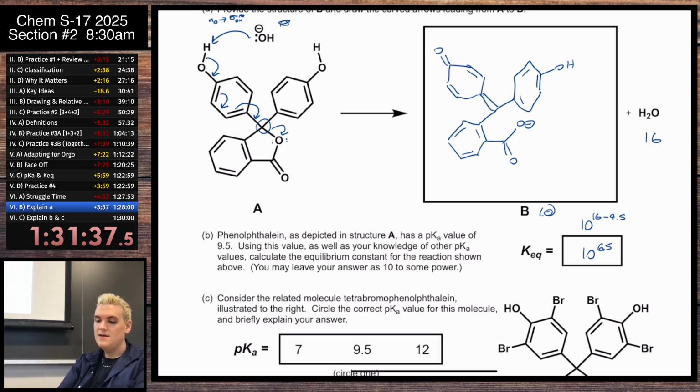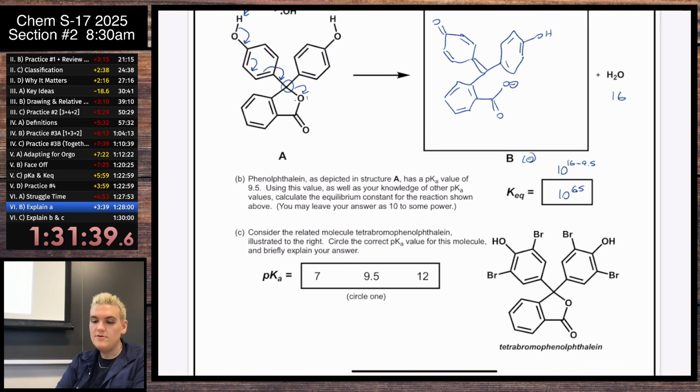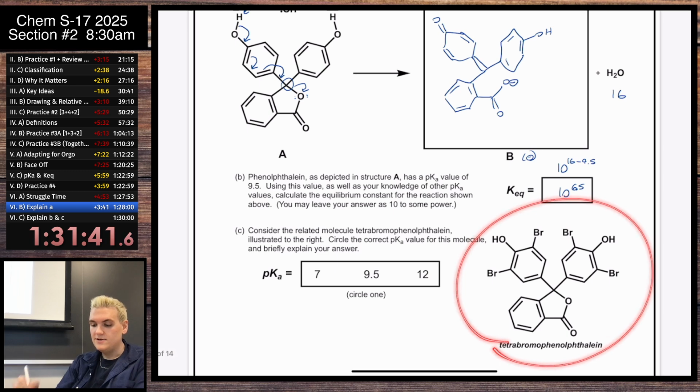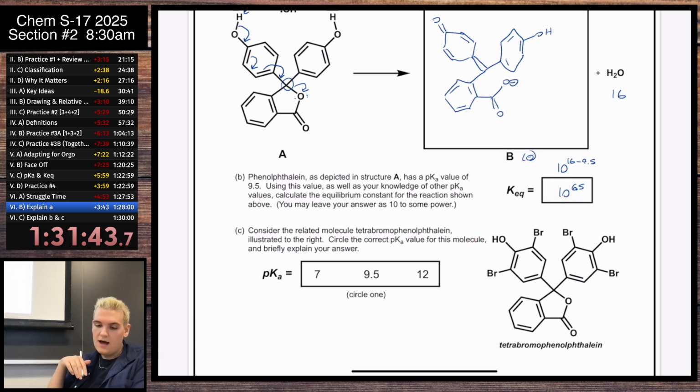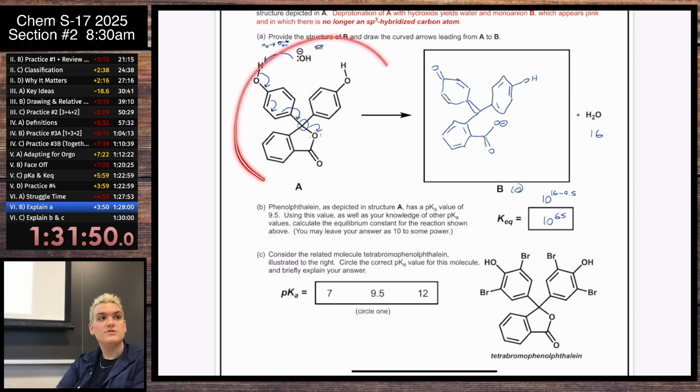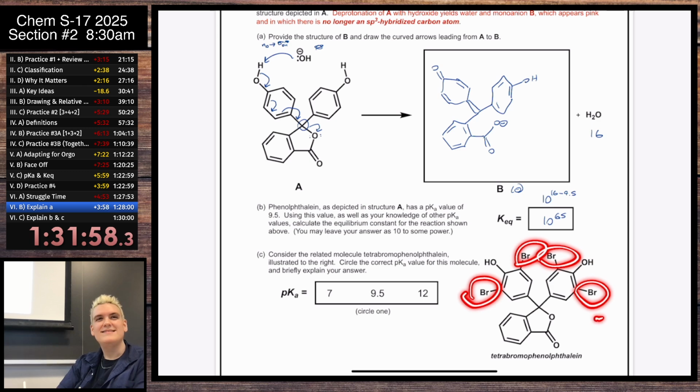Okay. Then they say, consider this related molecule to the right here, tetrabromo, whatever. What do we predict the pKa value of this is going to be? Well, it's really close to the original structure, right? And they said this original structure is 9.5. But what we've done is we've added a bunch of halogens. How does that affect acidity? Makes it more acidic.